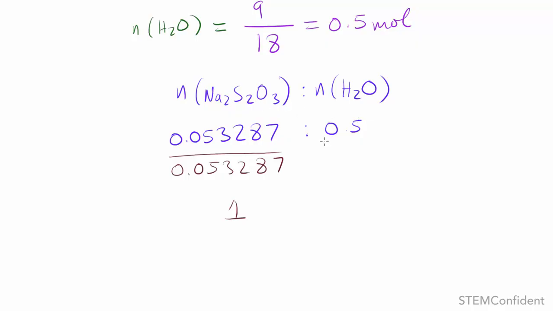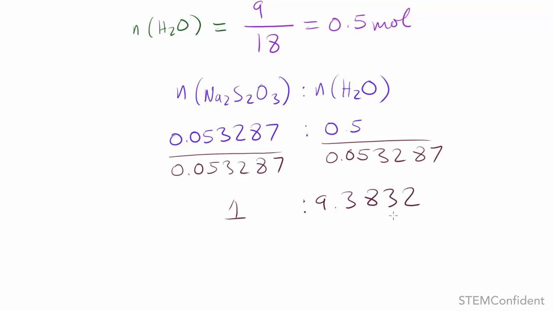So we also need to divide this by 0.053287. You can have a go on a calculator and figure out what that gives us. In this particular instance, that's going to give us 9.3832.